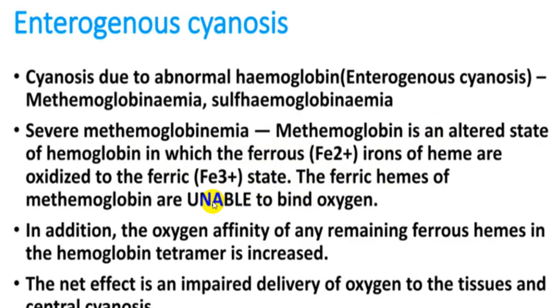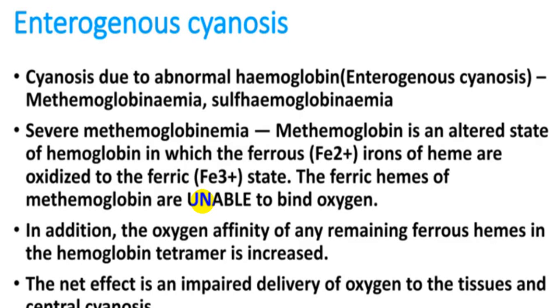It usually cannot combine nicely with oxygen, hence the oxygen carrying by methemoglobin is reduced, and that gives rise to cyanosis. And this methemoglobin may very frequently be because of genetic predisposition, genetic abnormality, and precipitating factors like nitrates, which are oxidizing agents.